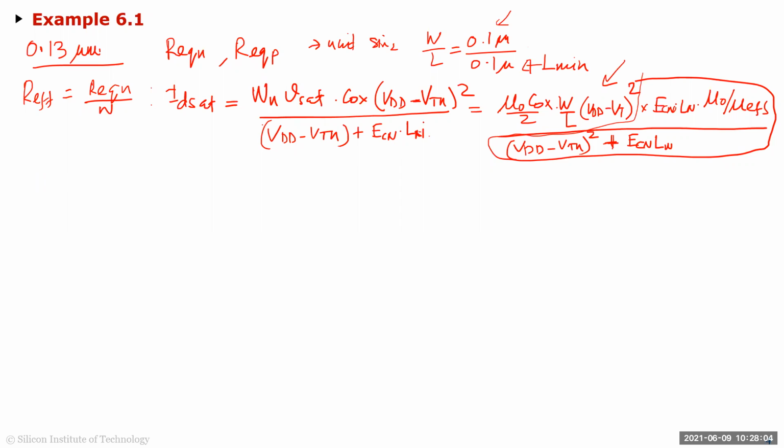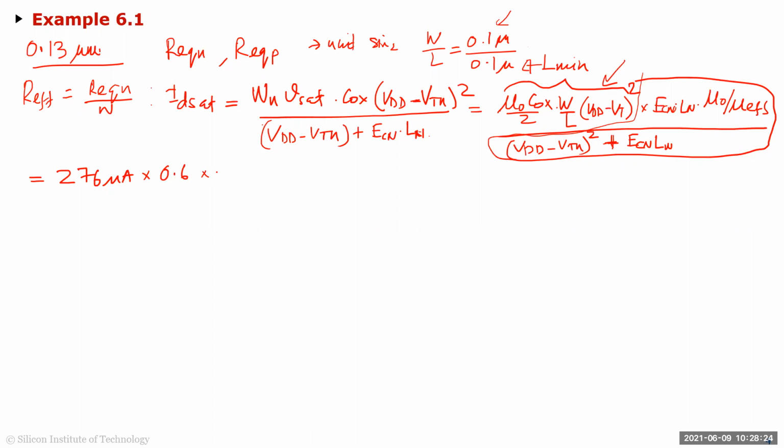If I plug in all the values from the table, this quantity turns out to be 275 microamps, and then ECNL is given as 0.6 volts for NMOS.